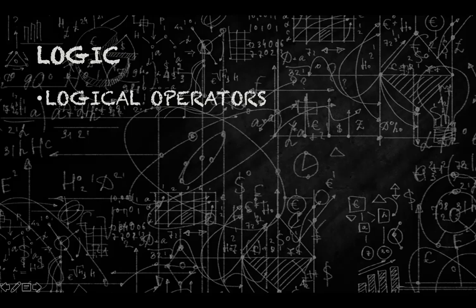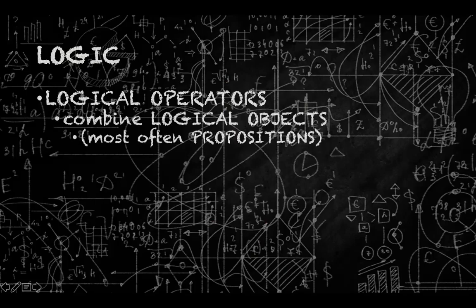Propositions, right? They're going to deal with logical objects, most often propositions, right? And our propositions, of course, we're going to use P, Q, R, and S. That's usually what we're going to use. If we run out of those, we'll start adding more letters.